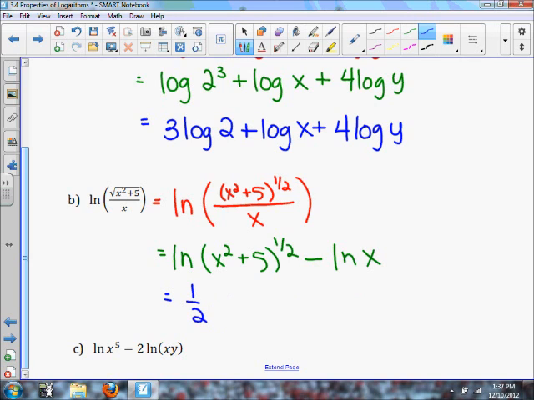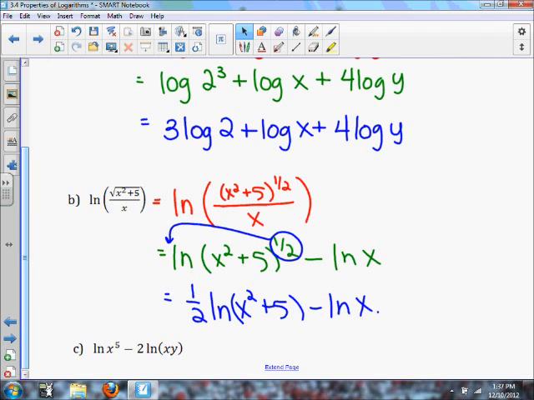Going one more step, I bring the power down to the front. And there would be your answer. Now, I can't do anything with the x squared plus 5 because I'm not multiplying or dividing. That's the only time you get adding in there.